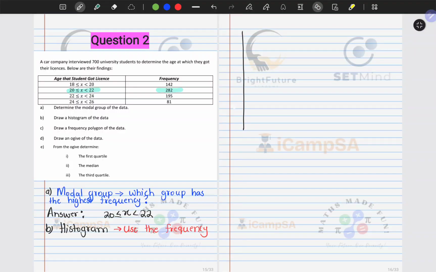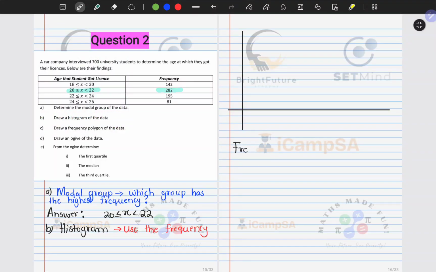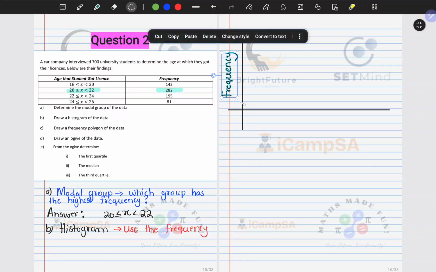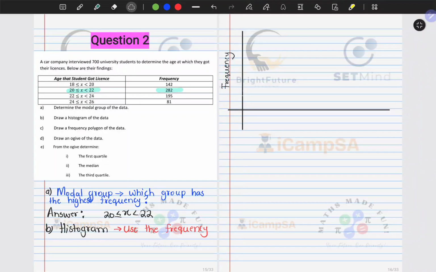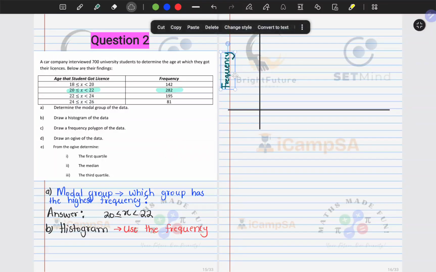So we'll have our vertical axis. And on our vertical axis, what we are going to have is our frequency. So let's move this. So it's our frequency, which we have here.